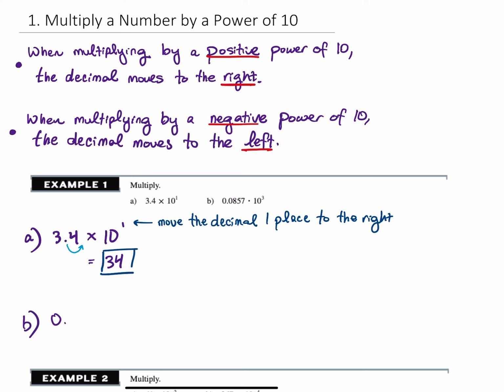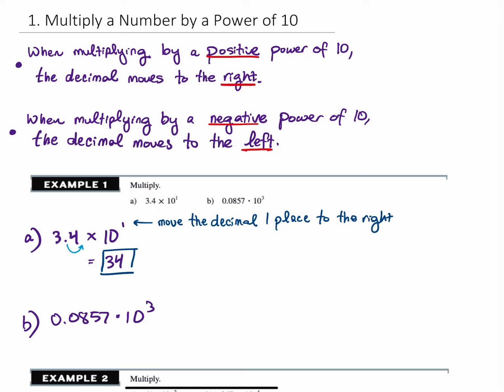Part B, we have 0.0857 times 10 to the third. Notice they're using two different symbols for multiplication. One is the x and the other is this little dot. They're just two different ways of expressing multiplication. We tend not to use the x as much, especially once we start introducing variables, and x is a common variable, so to avoid some confusion.